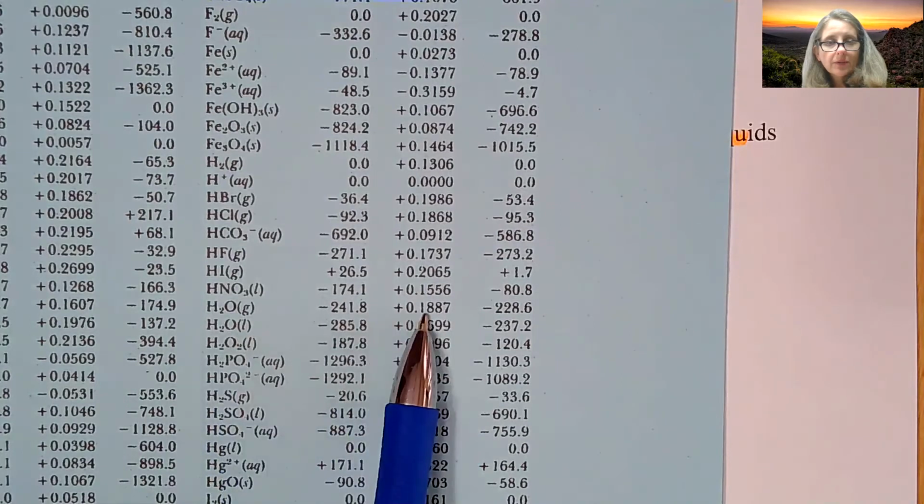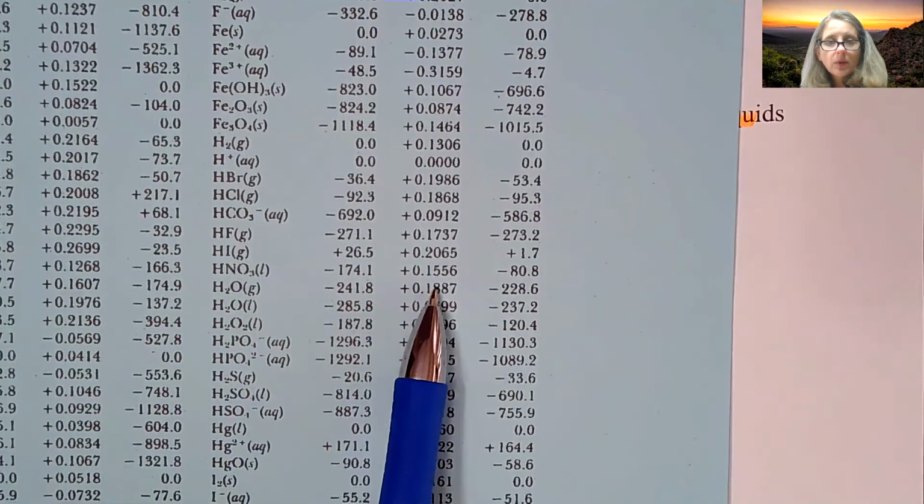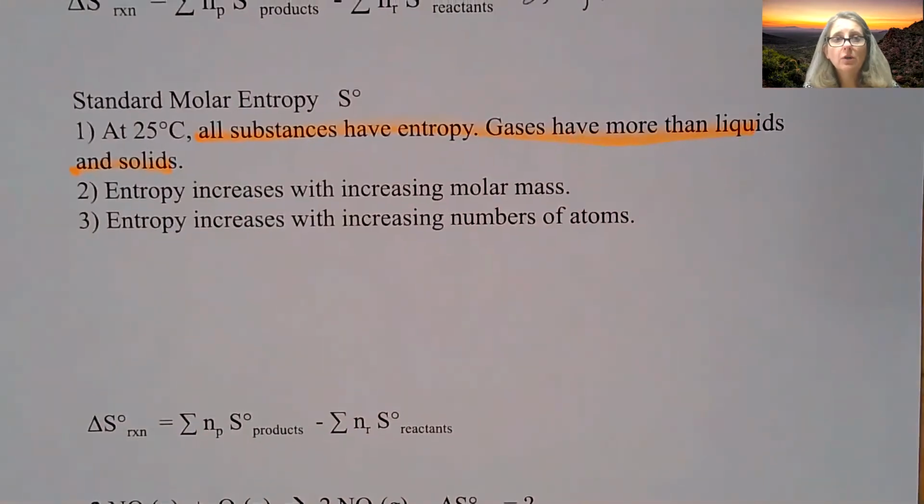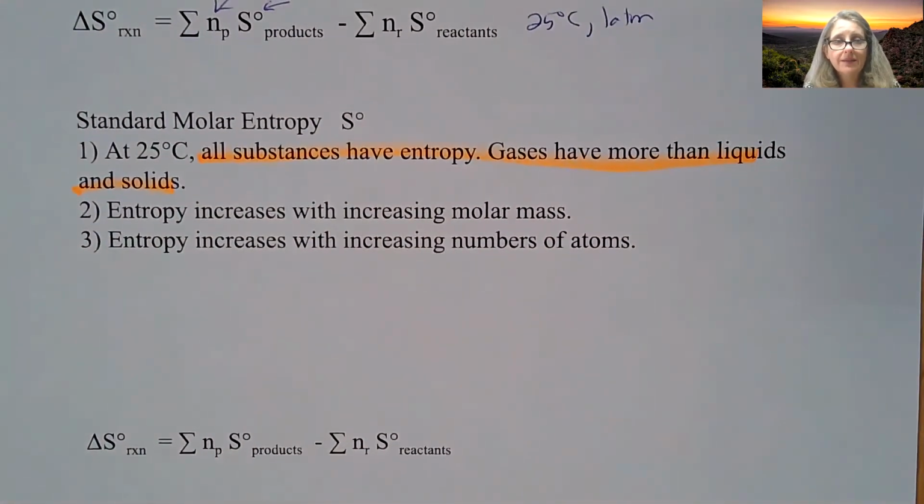And you will see the number for water as a gas is 0.1887, and for liquid water is 0.0699. So again, that points out that you will have a difference of entropy depending upon the states of matter. Liquids are always going to have a lower entropy than gases.